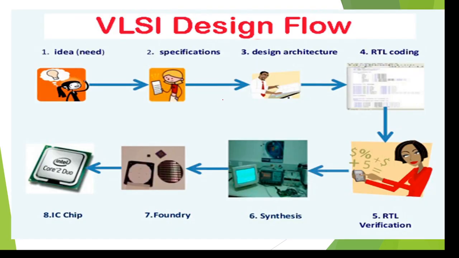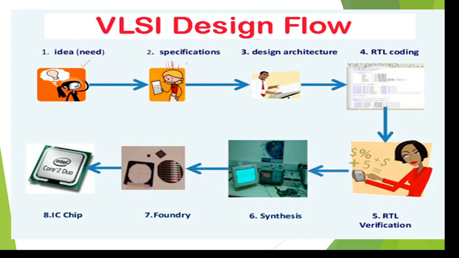So consider one example. Here you can see this. First, you should have some idea. If you have an idea, then we can go for designing. So for your idea or innovation, what are the inputs and what are the outputs?